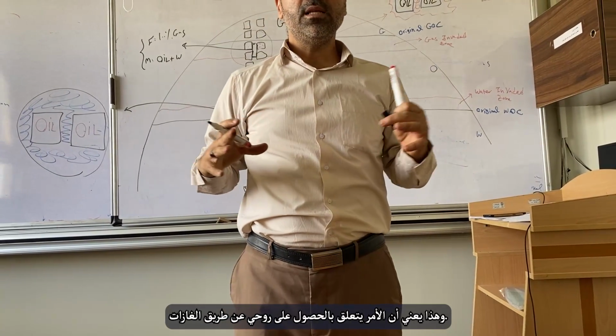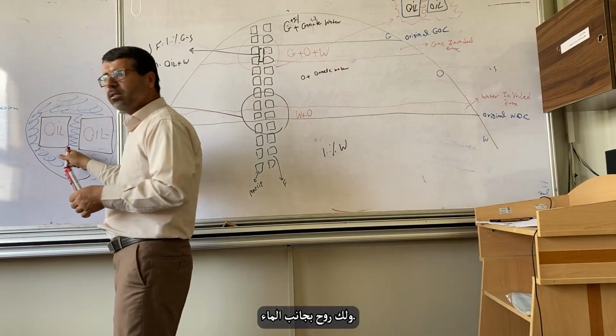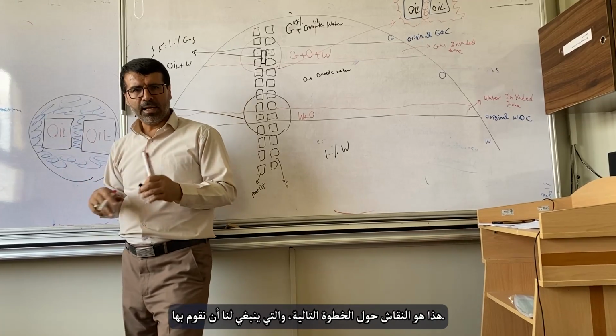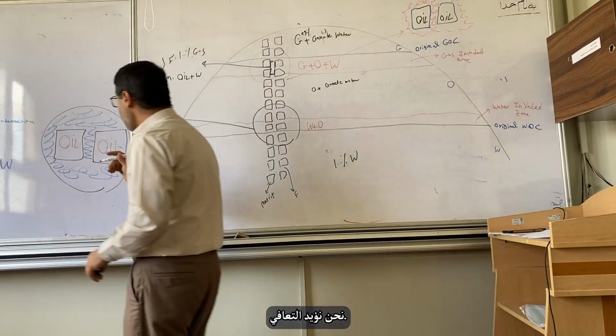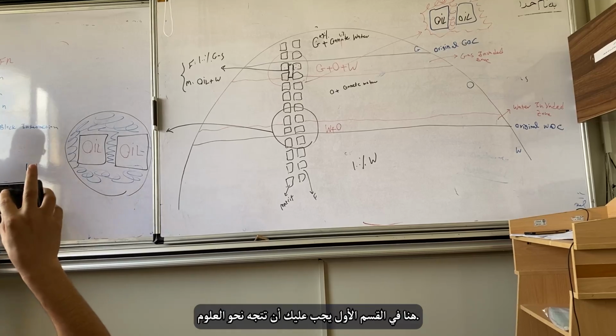So it means it's surrounded by gas here, and surrounded by water here. Then how you produce these ones is the discussion for next week. It's not secondary recovery. It's called imbibition.